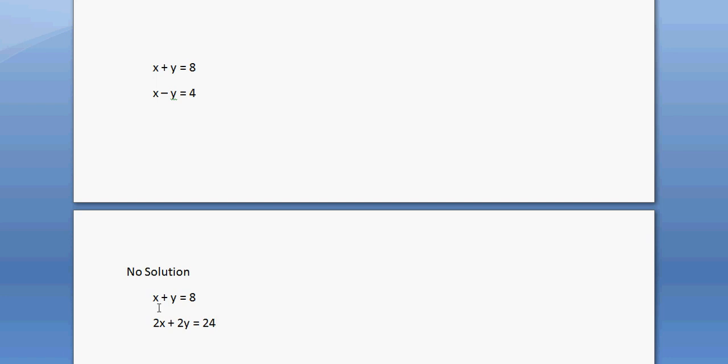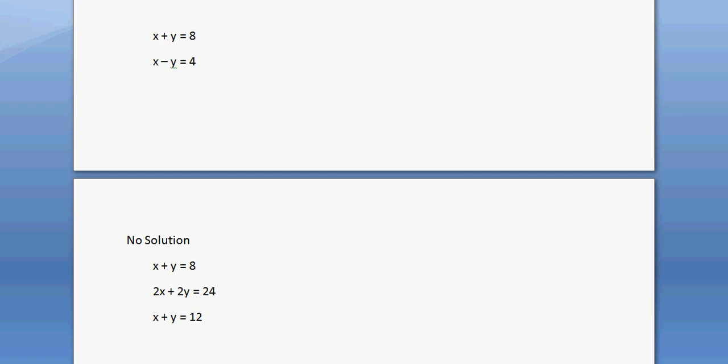So if these are the two lines, you can just simplify the second equation to make it 12, right? So you see that the variable part is the same for both the equations. If the variable part is the same and the constant part is different, then we say that there is no solution. So let's take another example which is more complex.